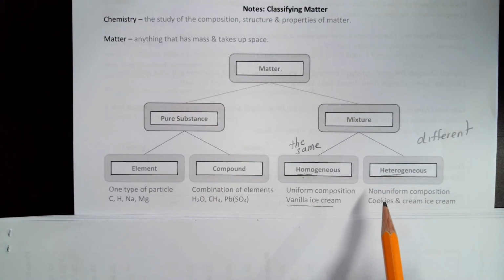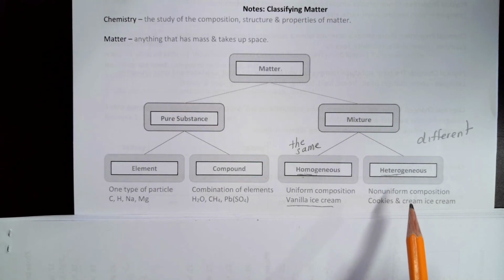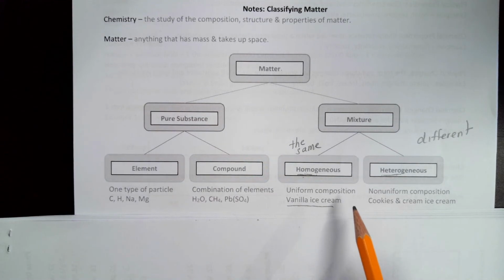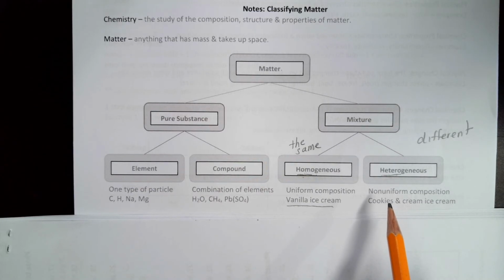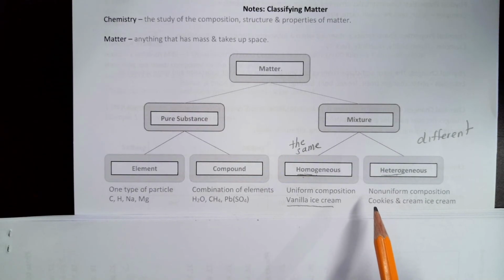So I can see the cookies in there, and then I can see the vanilla ice cream. Another example of a heterogeneous mixture is a salad. All right, so you can see the lettuce, the tomatoes, and anything else that you see within that salad.